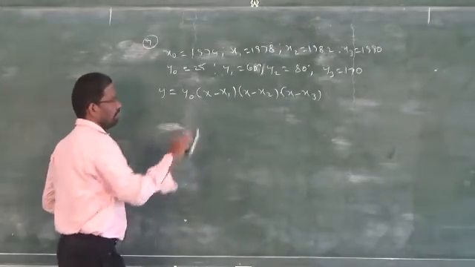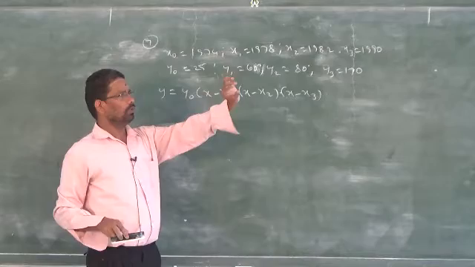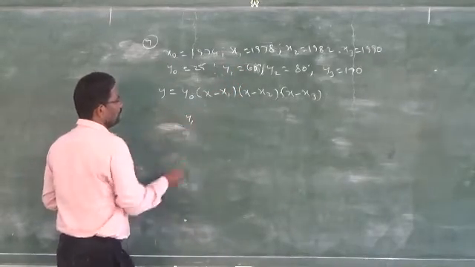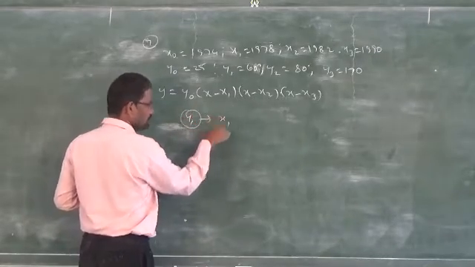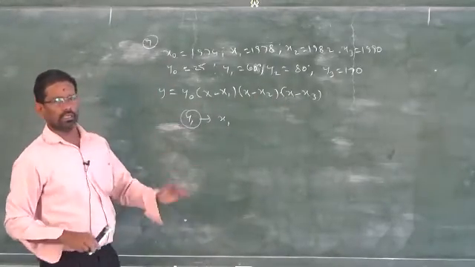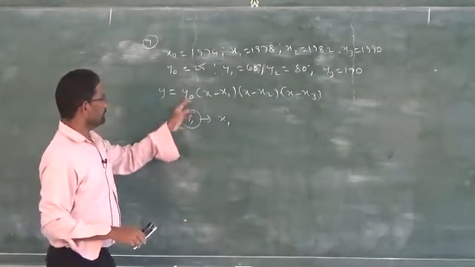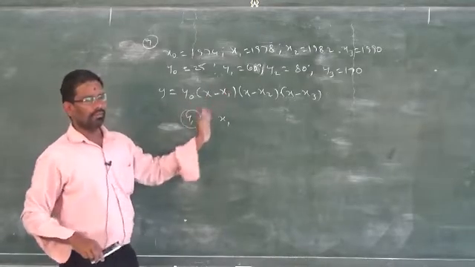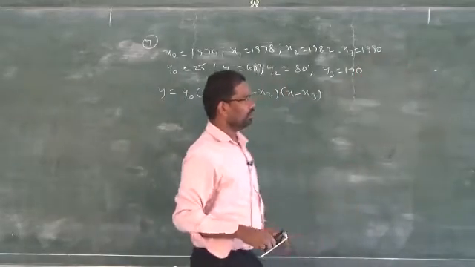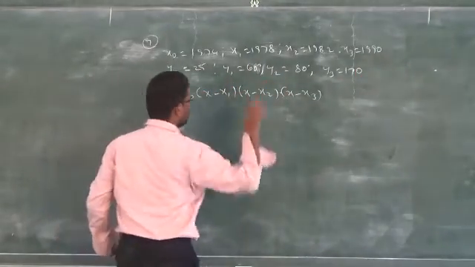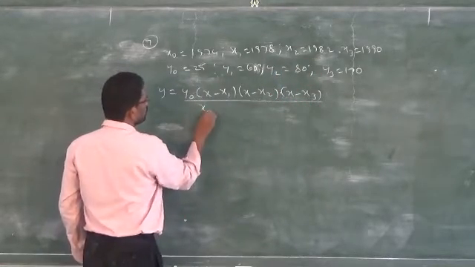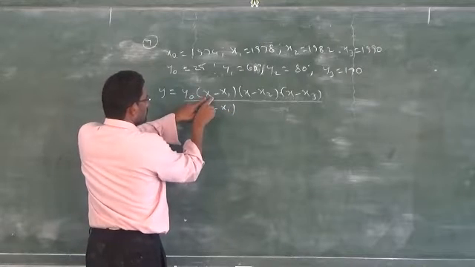If you start with Y0, leave X0. If you start with Y1, leave X1 and write the remaining data in the numerator, like X minus X0, X minus X2, X minus X3. You can also extend the formula depending upon the data, X4 and so on. Clear? It is given up to X3, so you write up to X3. Just replace this X by X0.